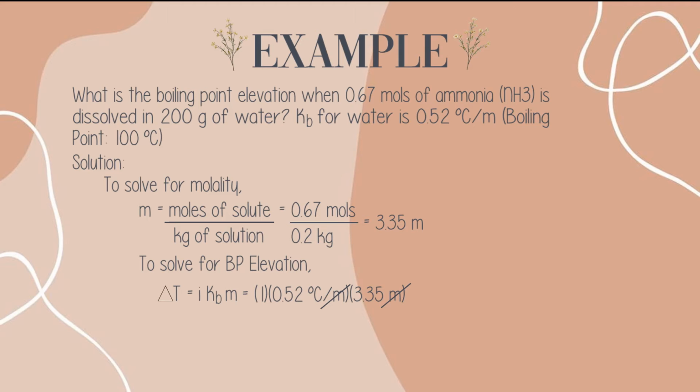So multiply it by 0.52 degrees Celsius per m, which is the ebullioscopic constant, and 3.35 m, which is the molality. The boiling point elevation is equal to 1.74 degrees Celsius.